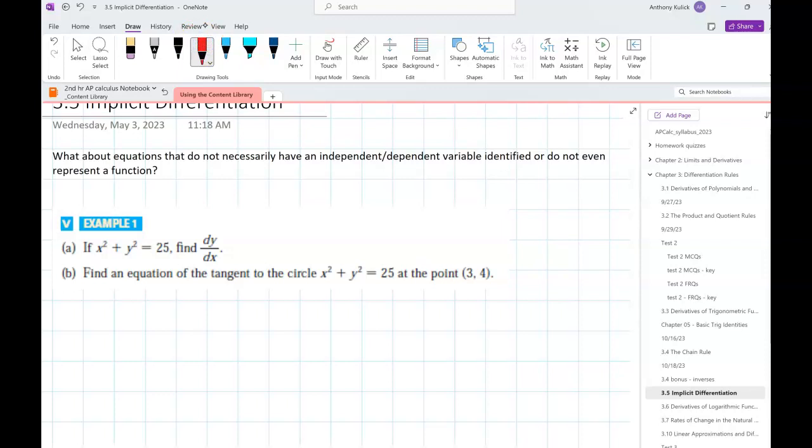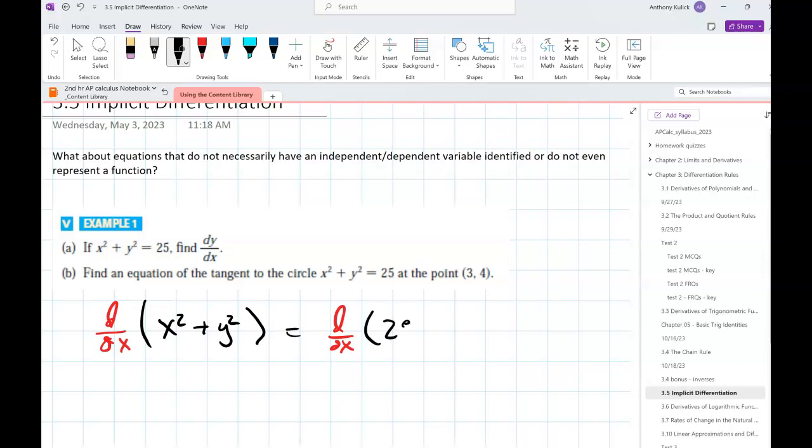So, let's say we have x squared plus y squared equals 25. We're just going to start by doing the derivative of both sides. So far, so good?